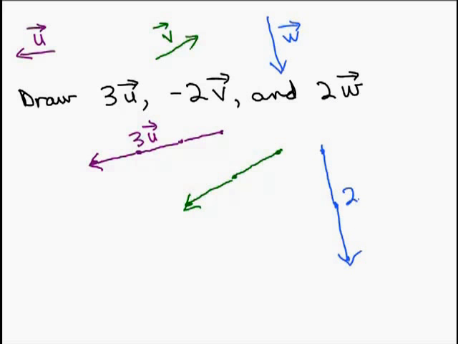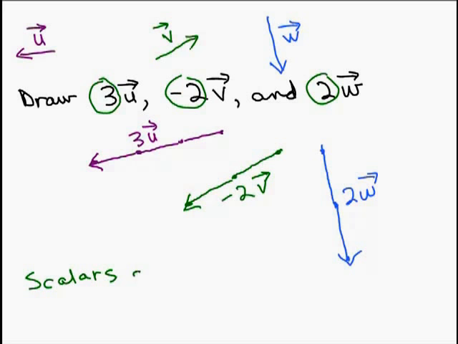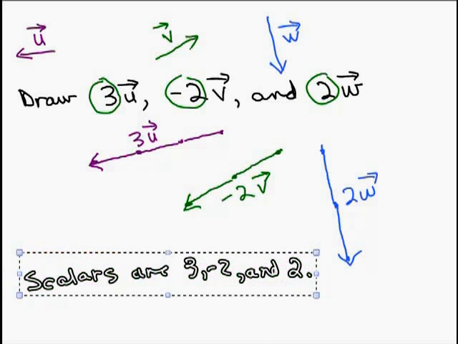So this is 2w, and this one was negative 2v. So the scalars are the coefficients right here. So these numbers are the scalars, for the problems that I just did.